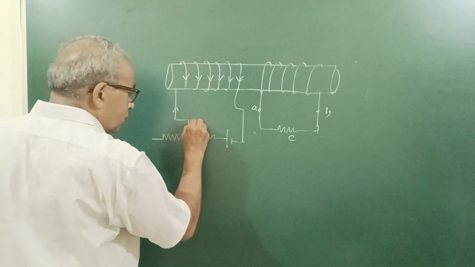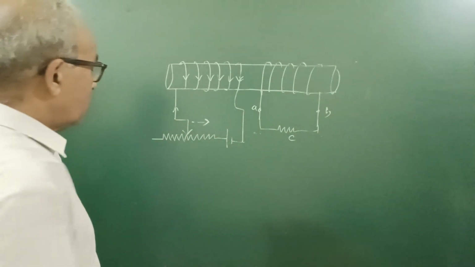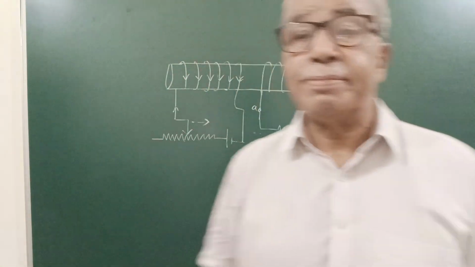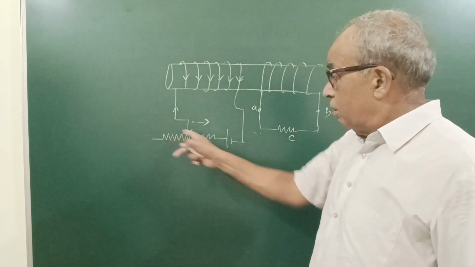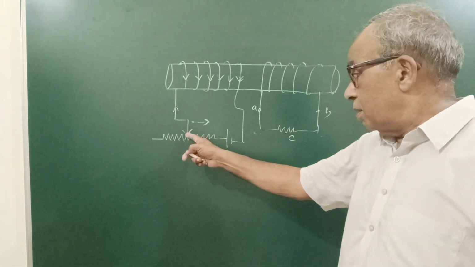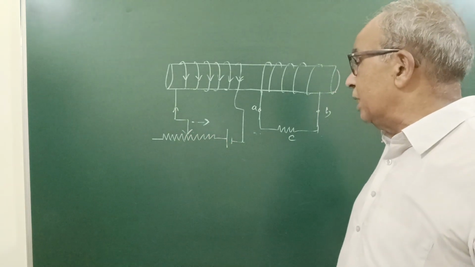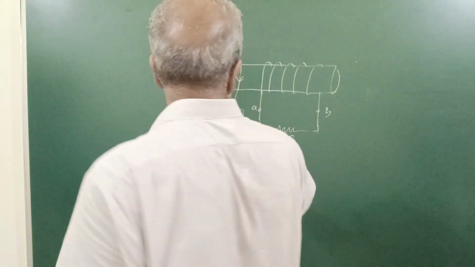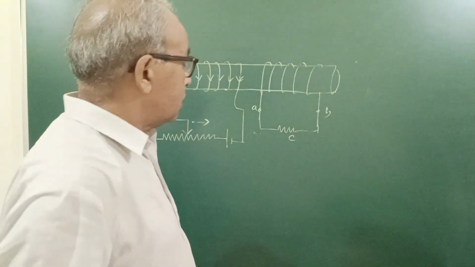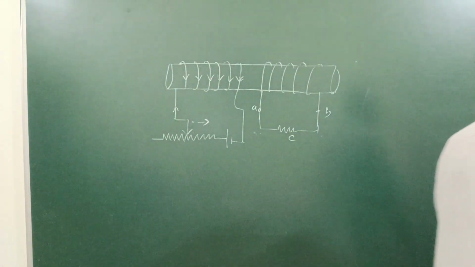If I move this rheostat this side, what is happening? Resistance decreasing, current increasing. Too many questions come together. A rheostat is a device which controls the flow of current. If I move this switch here towards the positive terminal, the resistance is decreasing, so current will be increasing here. So in which direction will current flow in this conductor C?